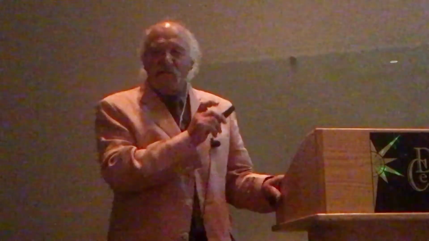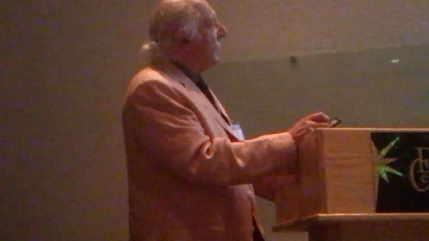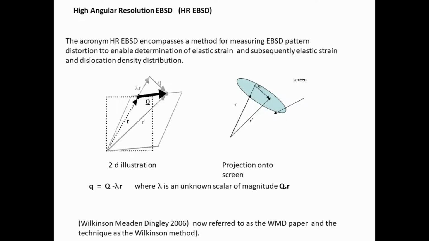So off we go. Just a couple of slides for those that are not familiar with what HR-EBSD is about. If we take an undistorted lattice like this two-dimensional representation here and deform it, it skews into this parallelogram shown here. So that the vector r in the original unstrained material becomes the vector r prime in the strained material, and the distortion vector is Q. Now we look on a phosphor screen placed at some distance from the sample, and we see the projection of Q onto the phosphor, so it's lowercase q.